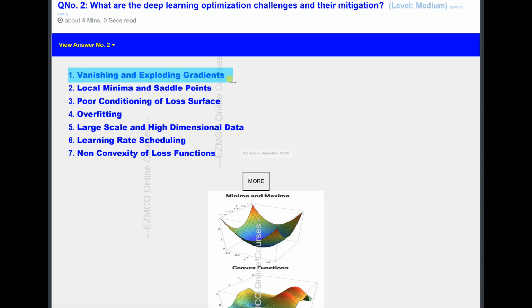So this ineffectiveness or instability hampers the training, especially in very deep architectures. Deep architecture means there are many layers of neurons, like RNNs. So what would be the consequence? It leads to slow convergence or divergence.